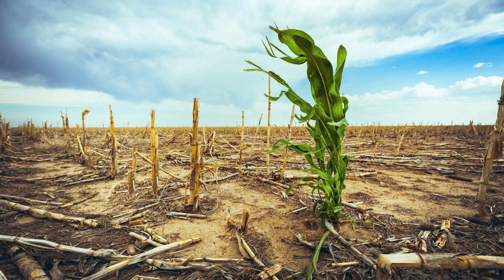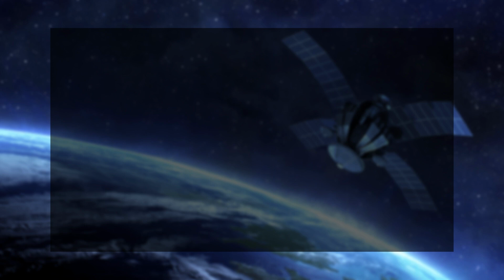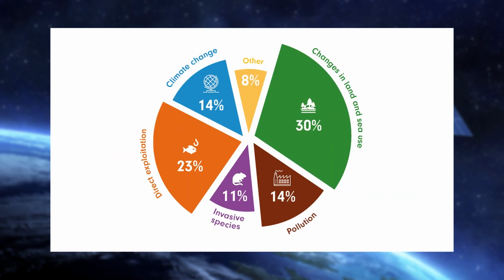Biodiverse ecosystems are more resilient with a greater ability to recover from environmental stresses such as droughts, disease and climate change. However, biodiversity is under serious threat from human activities, including habitat destruction, pollution, climate change, overexploitation of resources, and the spread of invasive species.